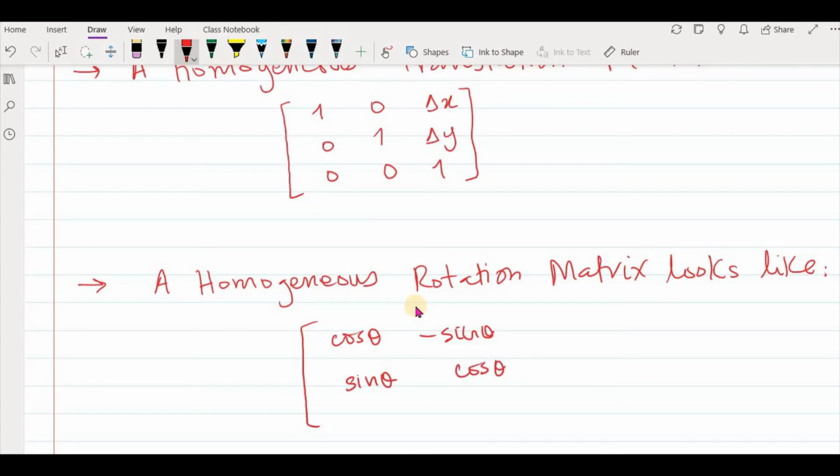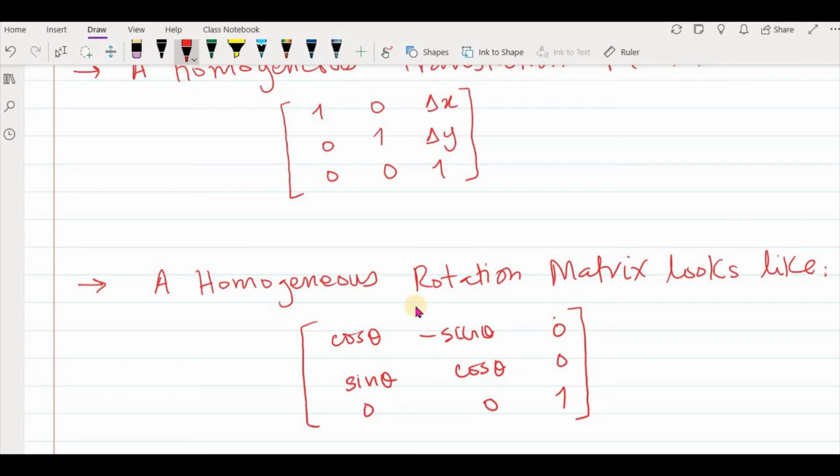So this was a normal rotation matrix, if you remember. What we do here is add 0 0 and 1 more here, in the column.